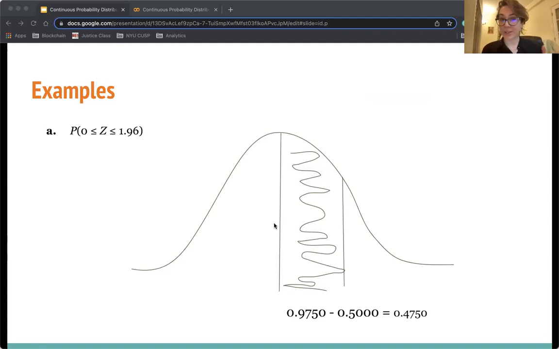Now that we have our picture, we know which table in the appendix we can use, because we're using anything above the mean on the positive side. So this would be similar to that first example we just walked through.